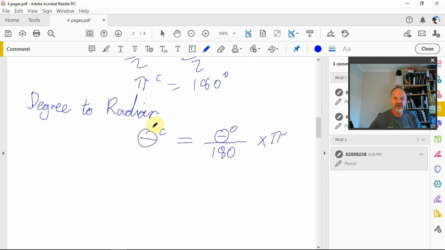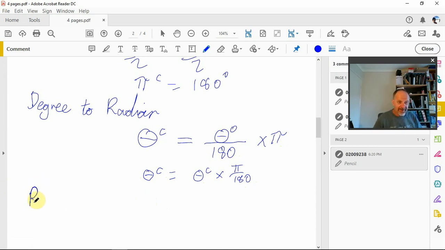So we're going degree to radian: we take our angle in degree, divide it by 180, times it by pi. There are different ways you could write that. Alternatively, and probably what you often see, it's times pi on 180.